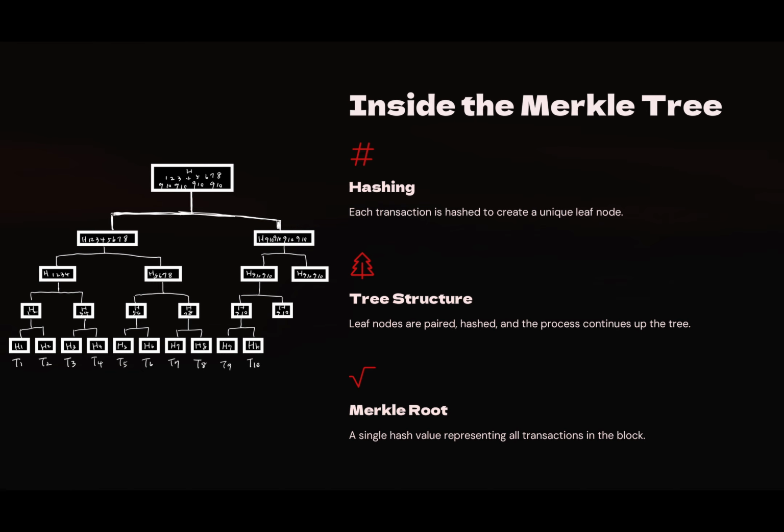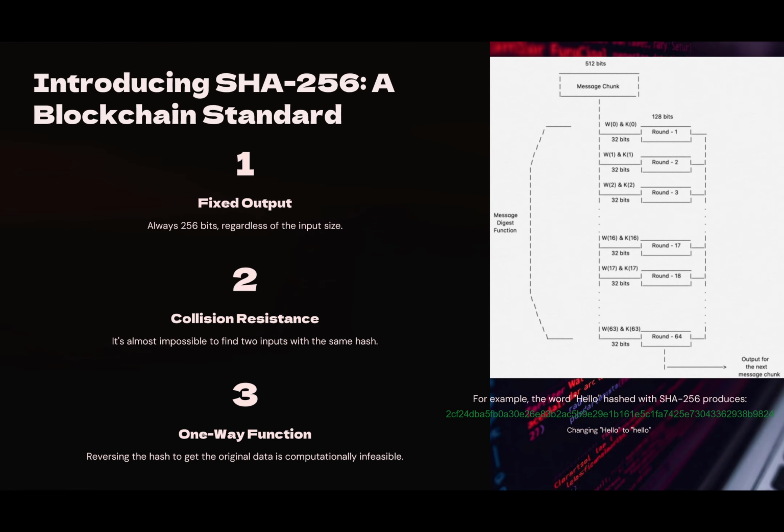These leaf nodes are paired and hashed together, and the process continues up the tree until there is a single hash, called the Merkle root. The Merkle root summarizes all transactions and is stored in the block header. If a transaction like T1 is changed, it affects the whole tree and updates the root hash, ensuring data integrity.